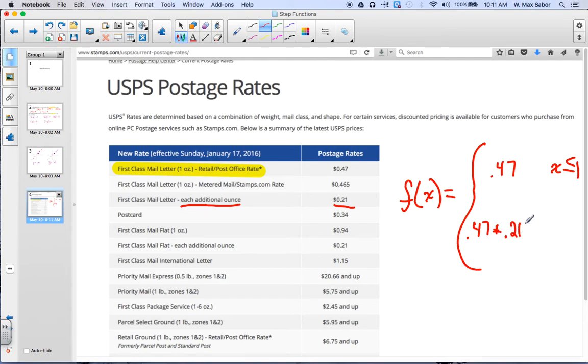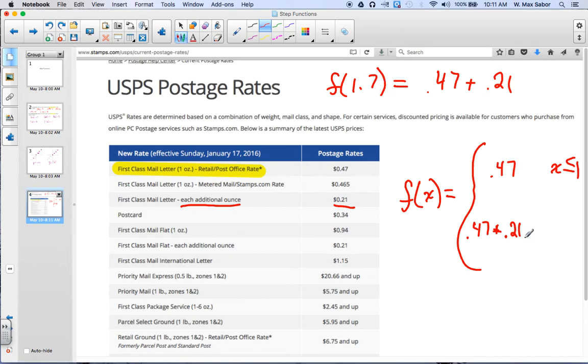But if we have 1.7 ounces, well, you have to pay the 47 cents and you have to pay the 21 cents. You can't pay part of the 21 cents because you're only using part of an ounce. You have to go all the way up to the next 21 cents.